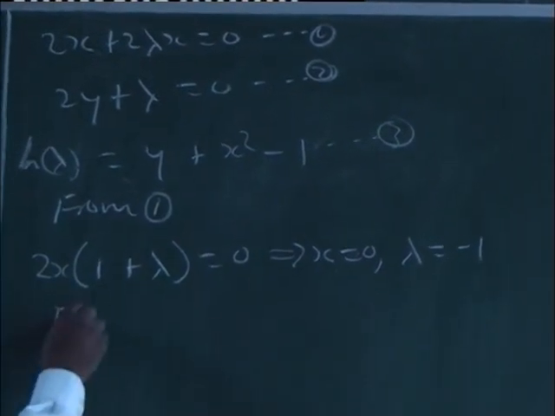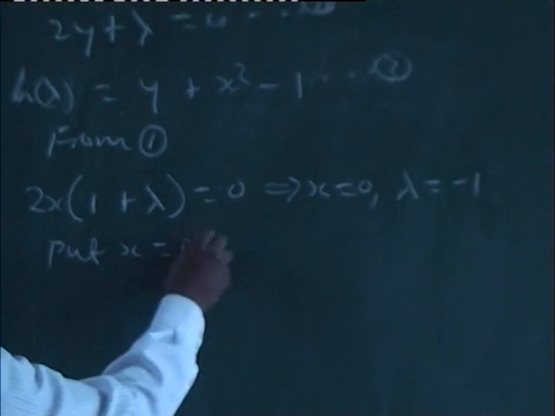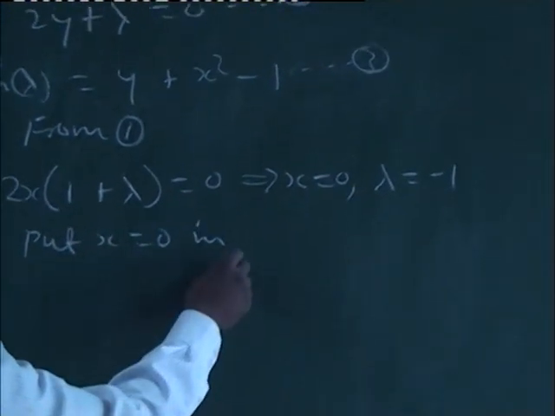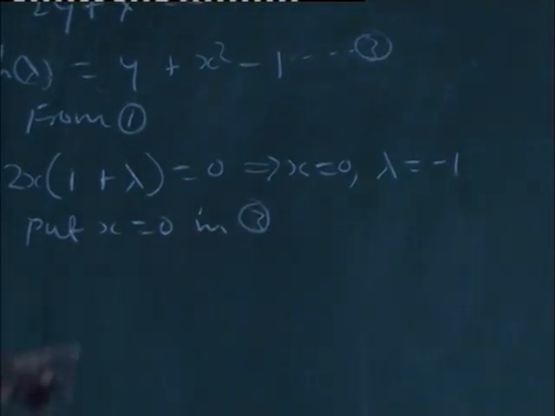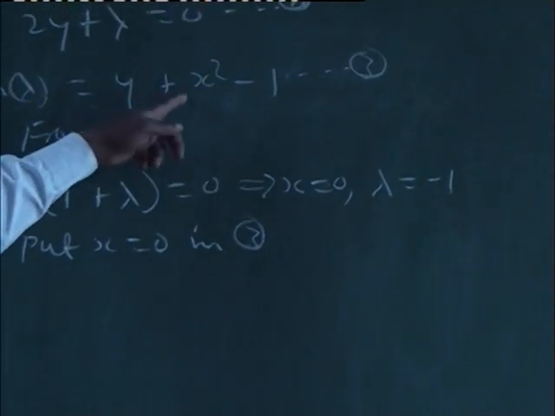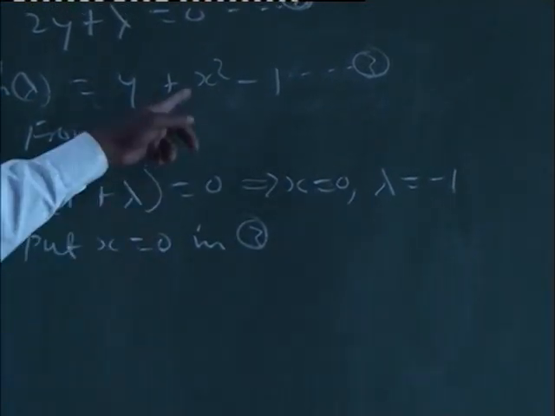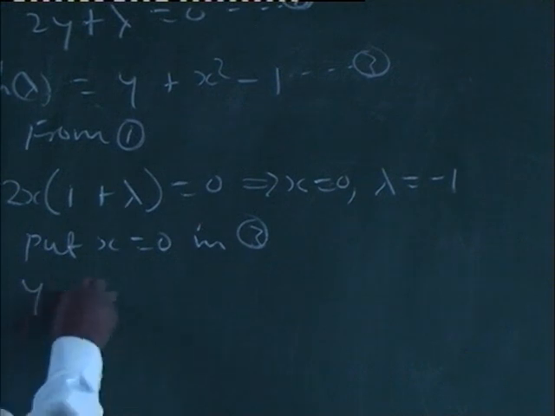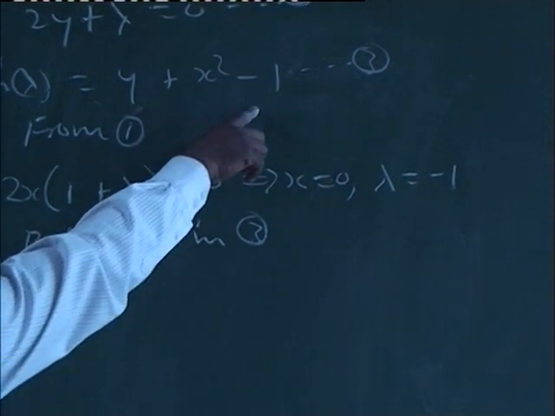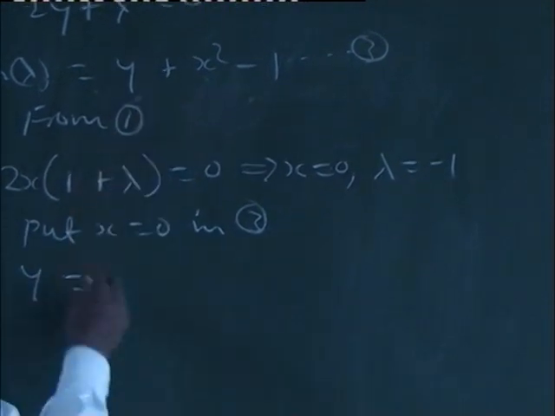Now if I put x equals 0 in 3, because that is where we have x, then y is equal to 1.